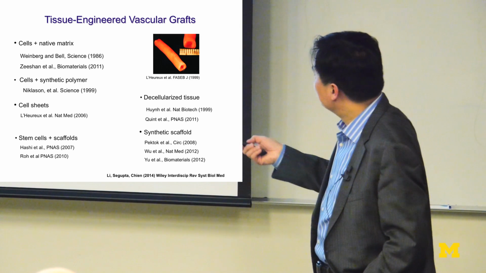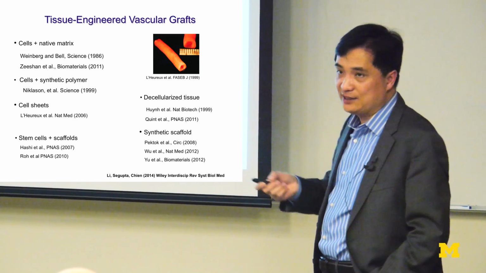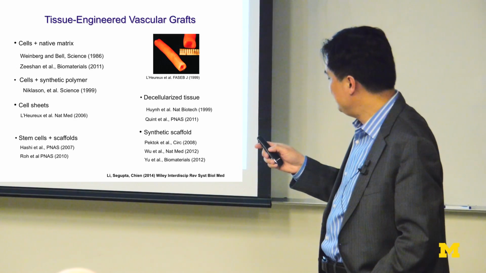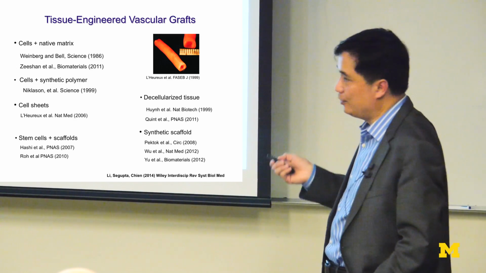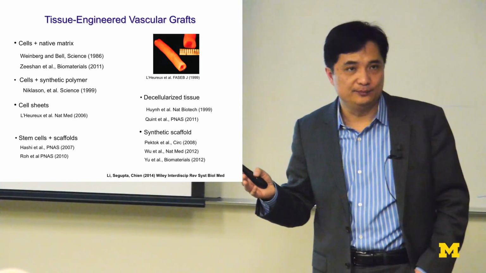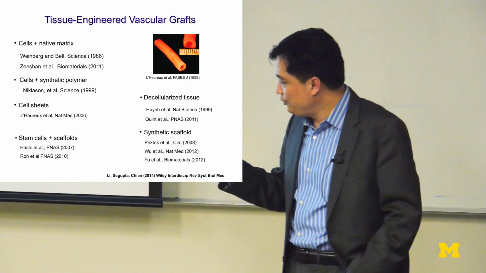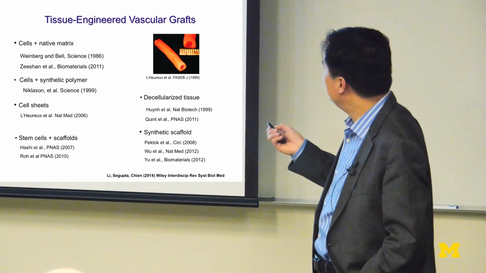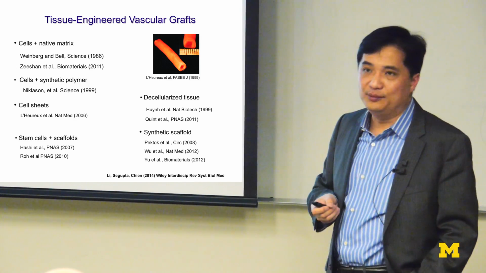You could use different types of cells. For example, at the beginning, people just used vascular cells, endothelial cells, and smooth muscle cells. And then in recent years, people started to use stem cells because only these cells are expandable. And for the biomaterials, people have used synthetic polymers, and also tried some native matrix as well to make vascular grafts.